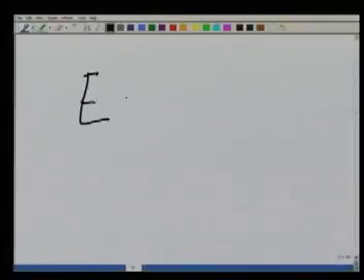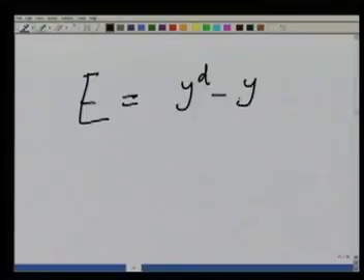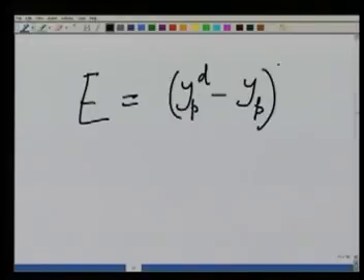So, the cost function E is normally given as y d minus y p whole square, sigma p equal to 1 to n.